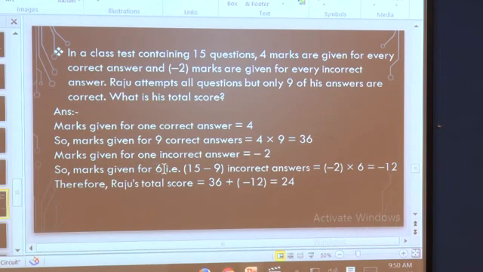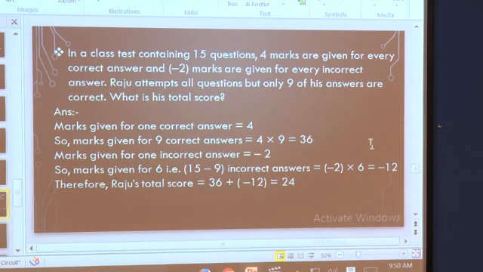Marks given for one incorrect answer: how much is it? Yes, we read in the problem, it is minus 2. So marks given for 6 incorrect answers are 6 times minus 2. Why are we writing minus 2? Because the teacher is going to cut 2 marks for an incorrect answer. So it is 6 into 2, which is minus 12. So Raju got 36 for correct answers and minus 12 for incorrect answers.